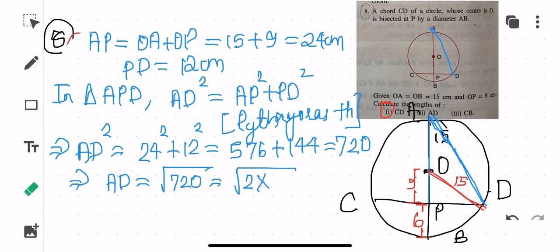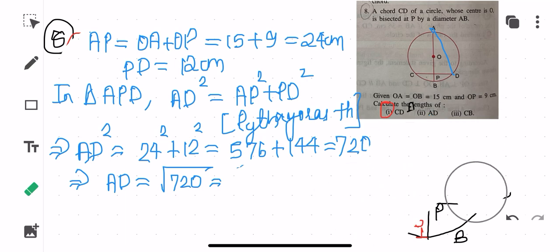If you don't go for complete prime factorization, you can write it like this, children: 4 into 5 into 36. But this is not prime factorization, so I'll do the prime factorization so that it is easier for you. Next I have to find out CB also. No worries, I'll draw it once again. I should tell you how to find the root.